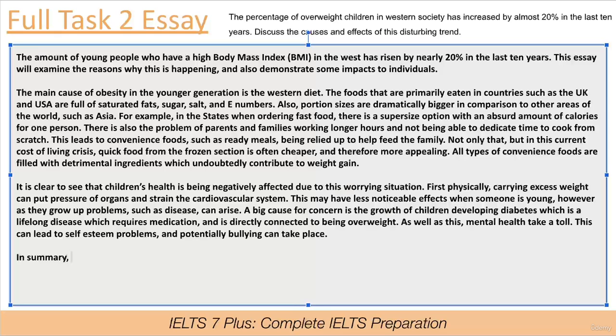Okay then, so we've gone back, we've edited, we've made sure things sound okay. Let's tie it all together now. So in summary, diet is the primary cause for the surge in children who are over the recommended weight.